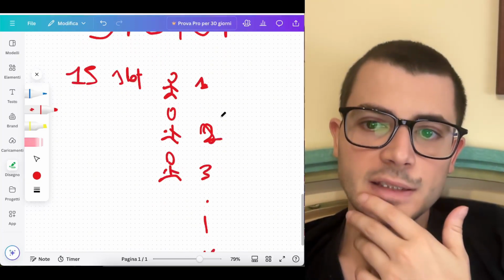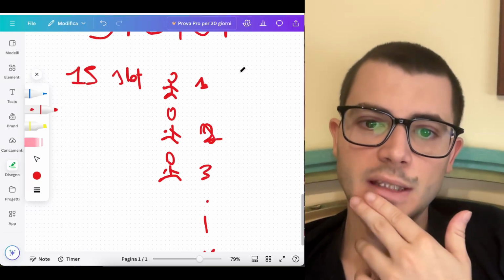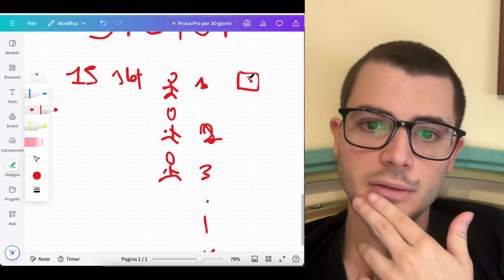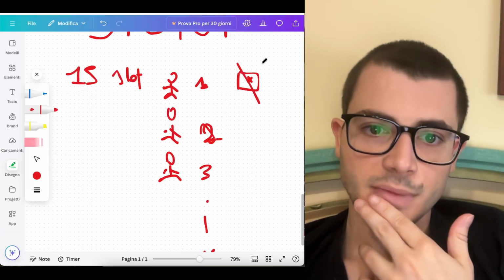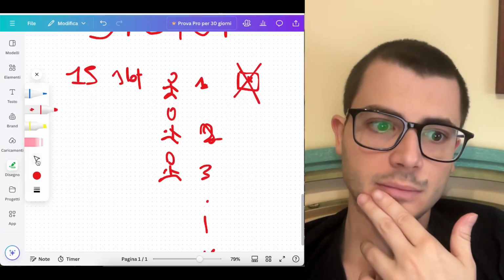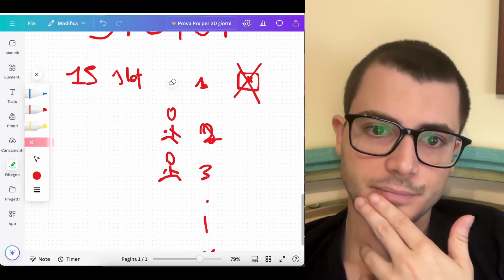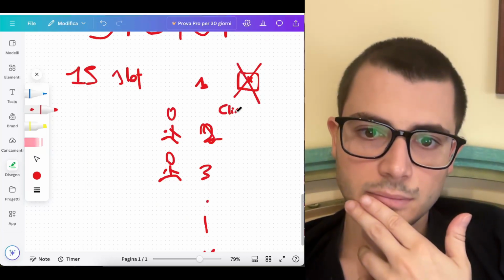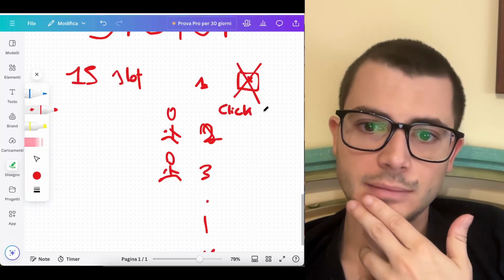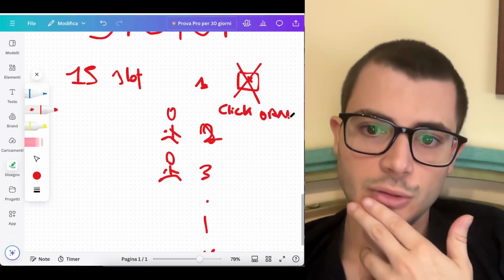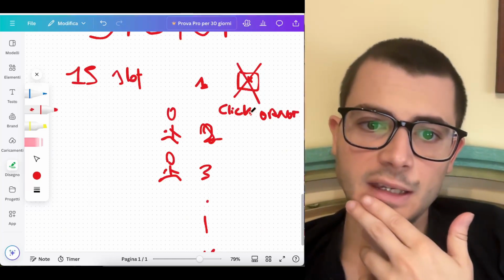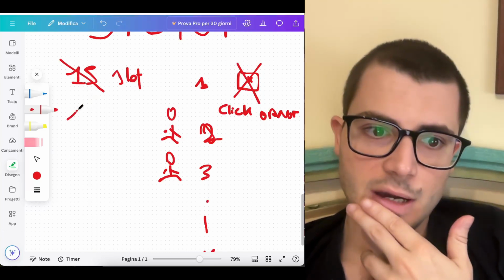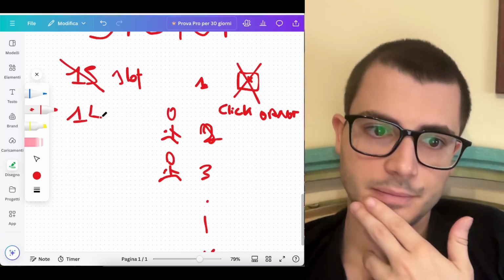As soon as this person closes the browser, closes the page, this slot is free again. And Amazon knows click or not click. So if the person has clicked, your slots are not 15 now, they are, for example, 14.